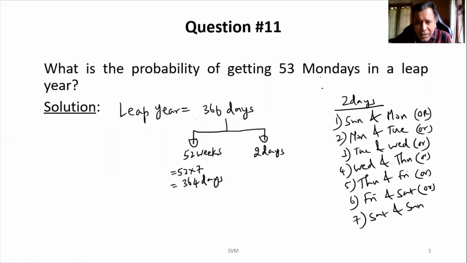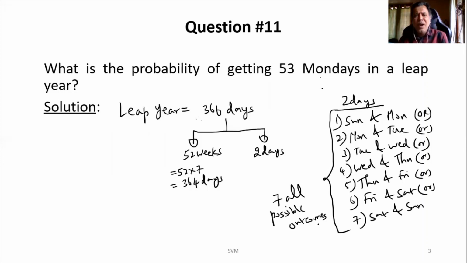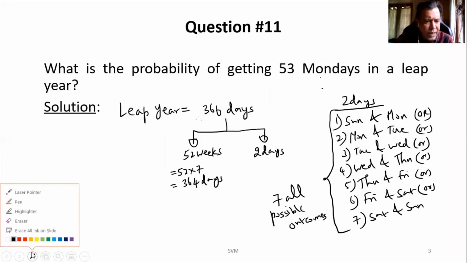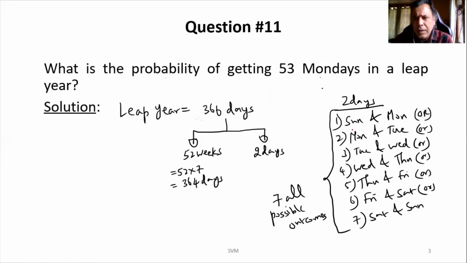How many possibilities are there totally? If you look, there are 7 possible outcomes. The question talks about Mondays. So we have to identify where this Monday is going to occur. Only the first will have Monday, second will have Monday.